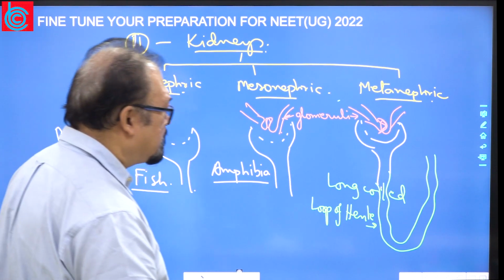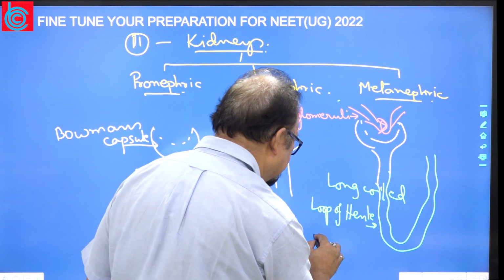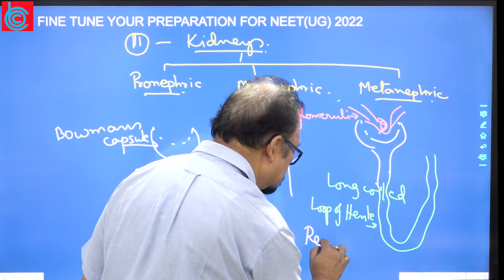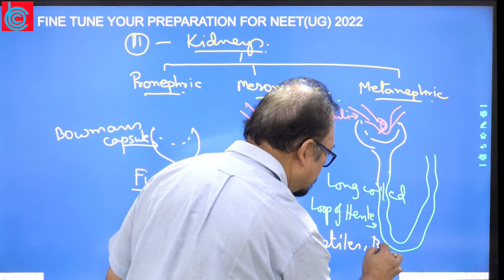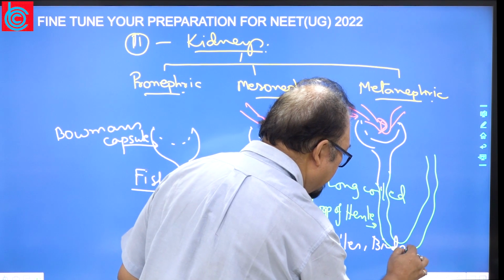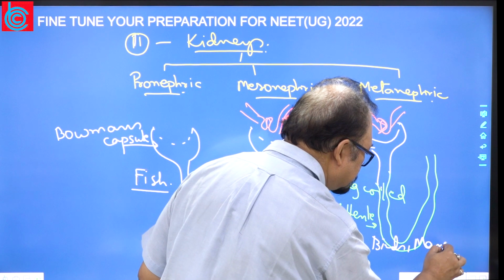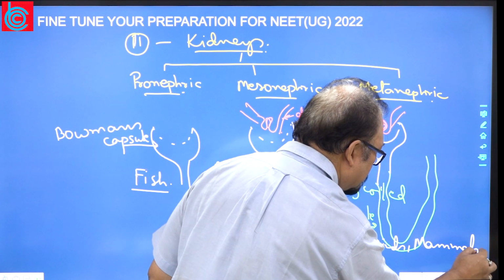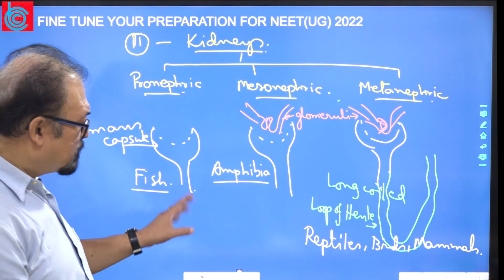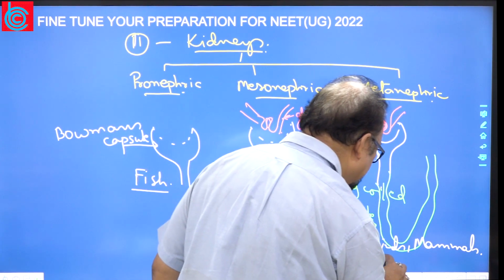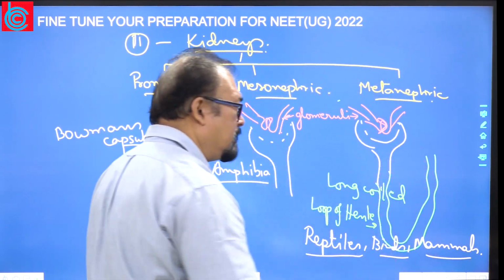And the metanephric kidney is present in which animals? Reptiles, birds, and mammals. So, we also have metanephric kidney.